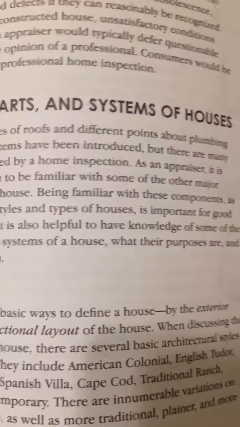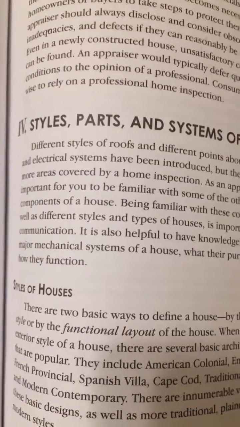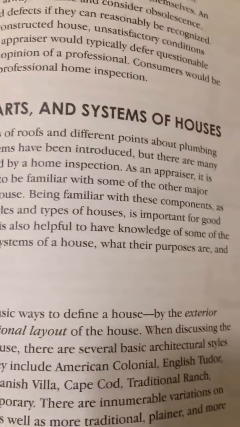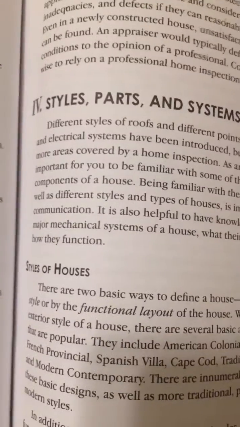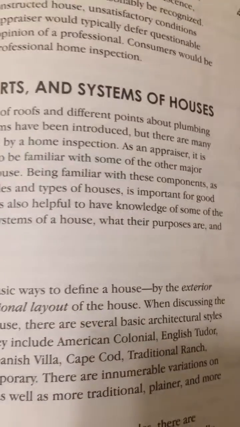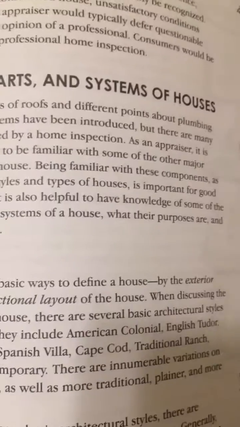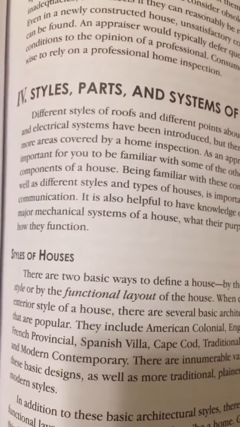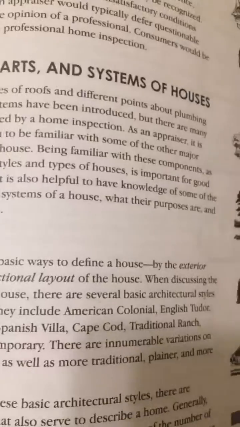Being familiar with these components as well as different styles and types of houses is important for good communication. It is also helpful to have knowledge of some of the major mechanical systems of a house, what their purposes are, and how they function.